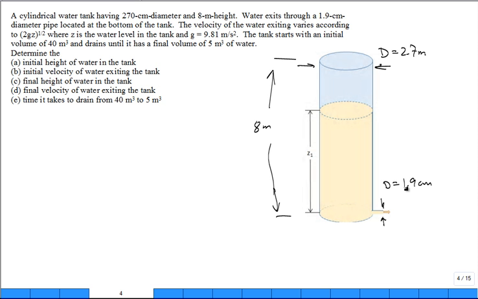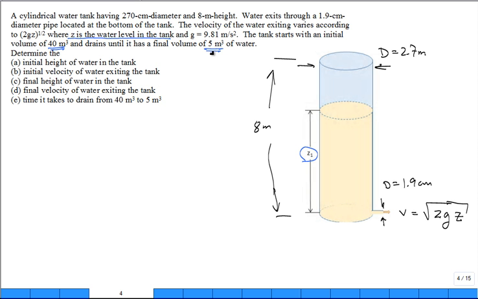The velocity of the water exiting, so this V is equal to the square root of 2gz, where g is Earth's gravitational acceleration, 9.81 meters per second squared, but z has to be defined, and z is that water level in the tank. And because the outlet's at the bottom of the tank, it's the surface of the water level above the outlet. The tank starts with an initial volume of 40 cubic meters and drains until it has a final volume in the tank of 5 cubic meters. So it starts at some elevation and it drains to a final elevation.